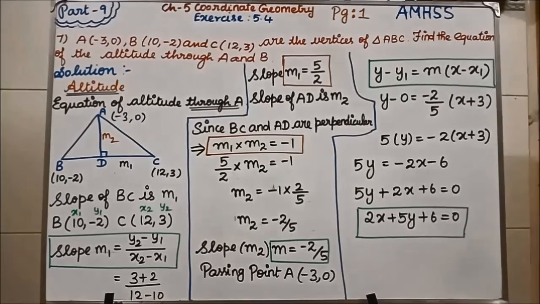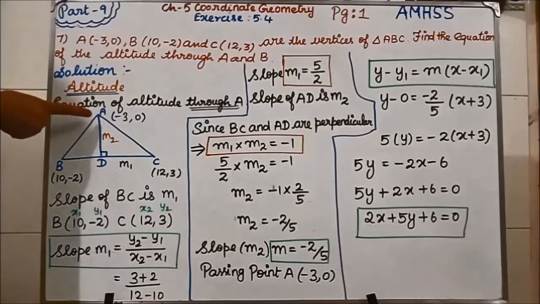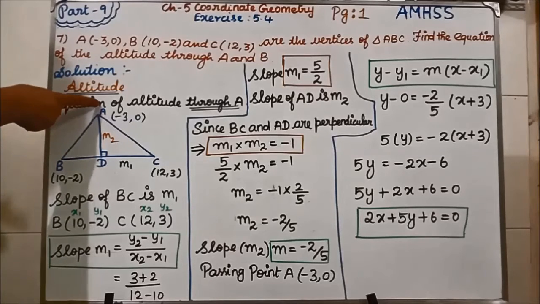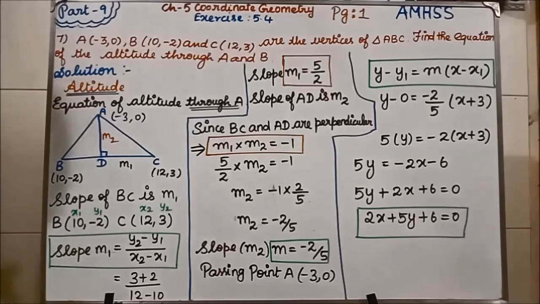Students, this page number 1 is for through A. Altitude through A I have drawn. Altitude through A means, from the A vertex only you have to draw the altitude. Next, if you see page number 2, I will draw the altitude from vertex B. So from here I will draw the altitude. Clear?